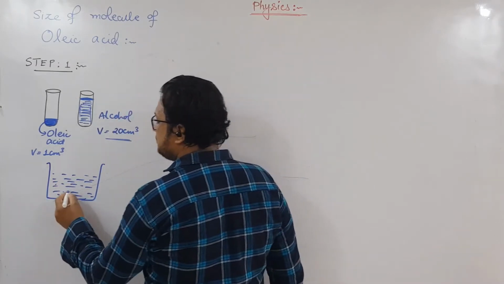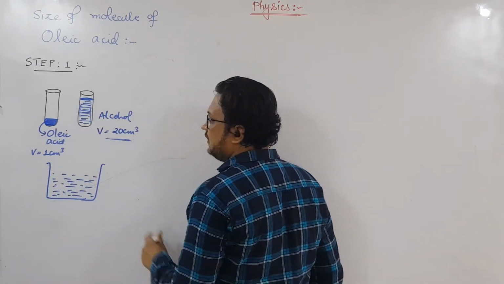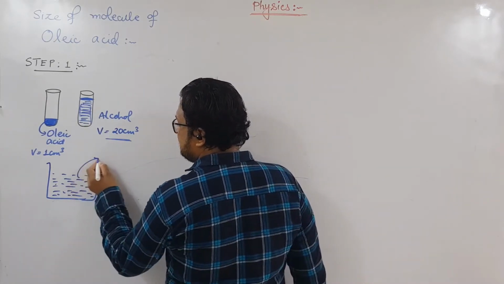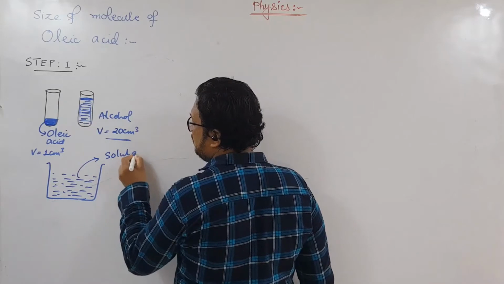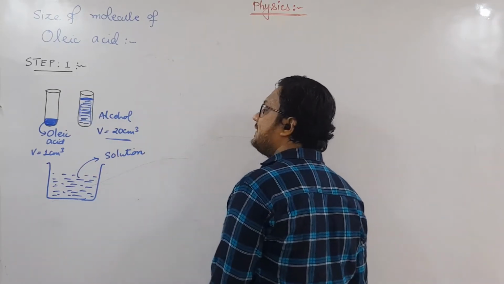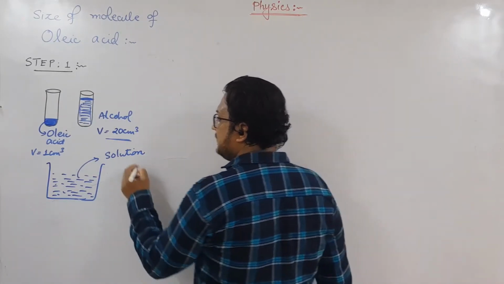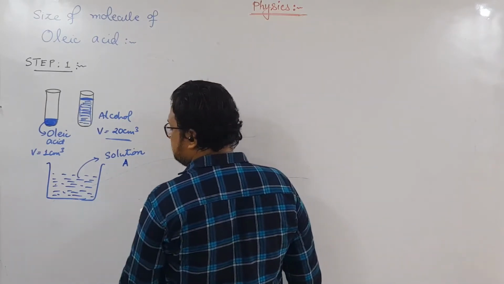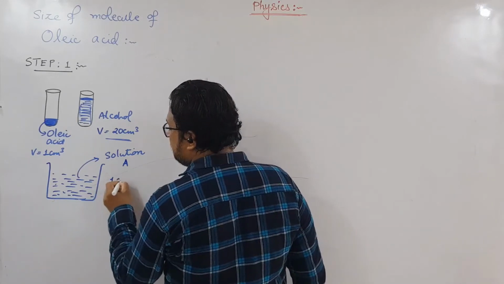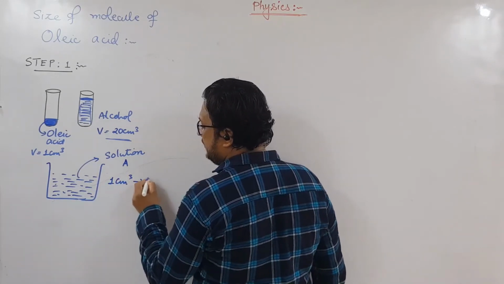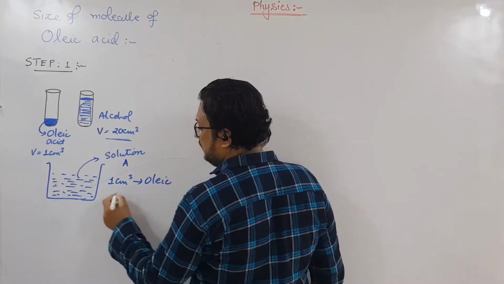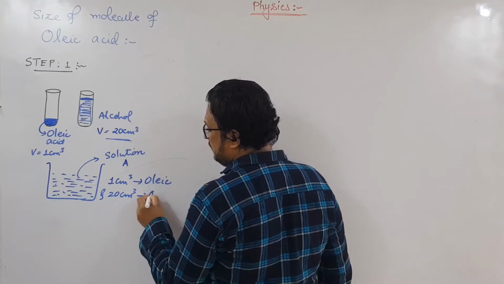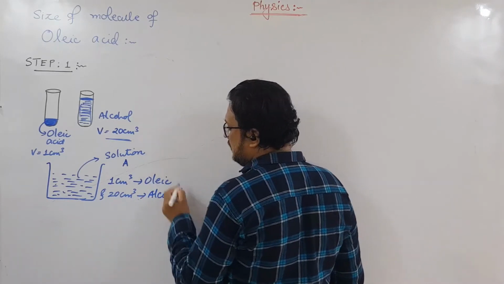So here we get a solution of oleic acid as well as alcohol, let us say solution A. In this solution we have 1 centimeter cube of oleic acid and 20 centimeter cube of alcohol.